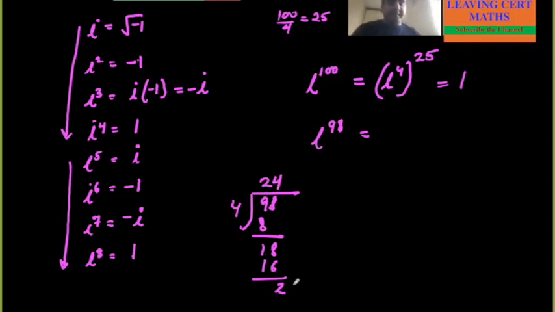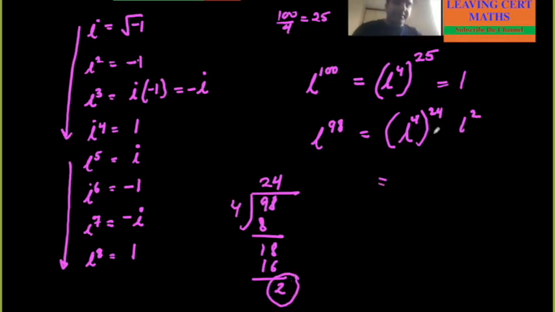So can I write i to the power 4, 24 times, which gives you 96, and i square, because the remainder is 2?